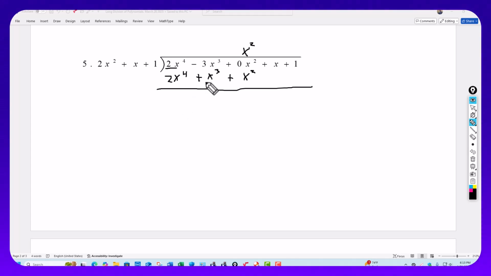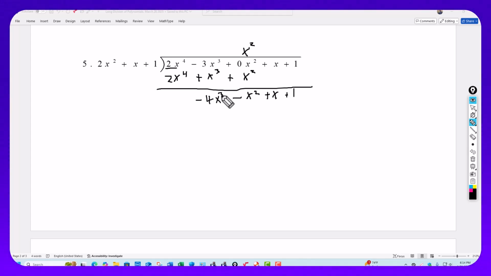Minus 3x to the third, subtract x cubed, that gives me a minus 4x cubed. And then on the next one, I have 0 subtract 1x squared, so it'll be a minus x squared. And then I can just say 0 from x is x, 0 from 1 is 1, so just bring those down.